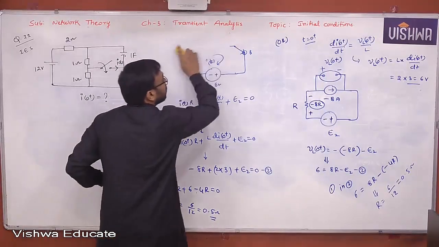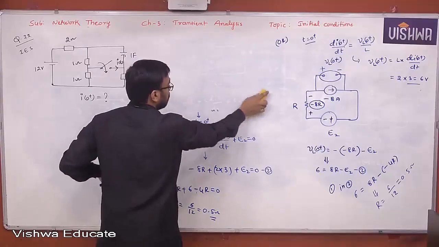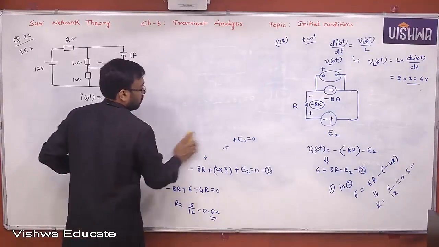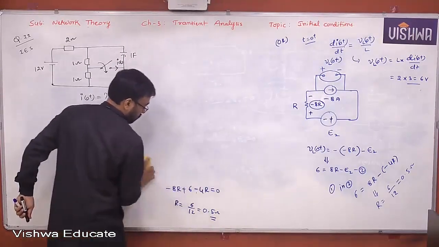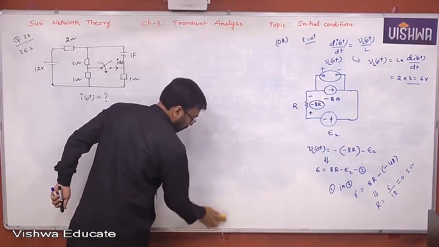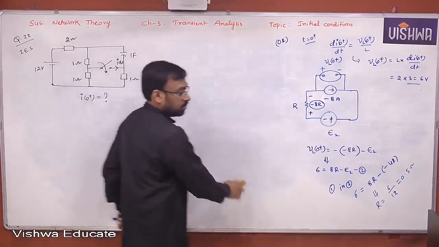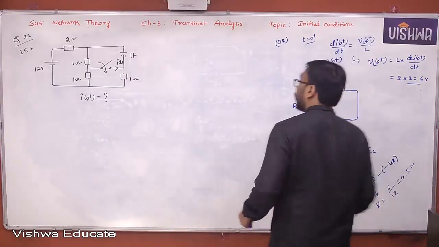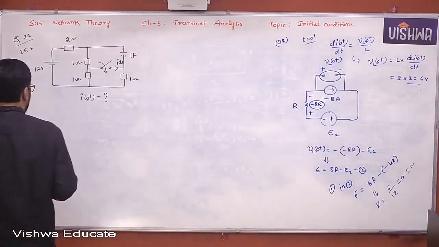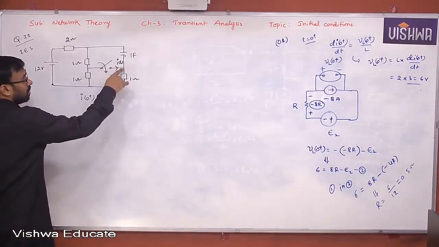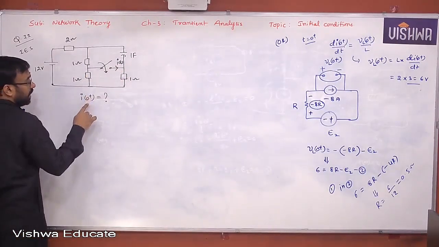I think you have done this particular part. Now, coming to this problem, current through a path, i of t, that is asking now i of 0 plus.